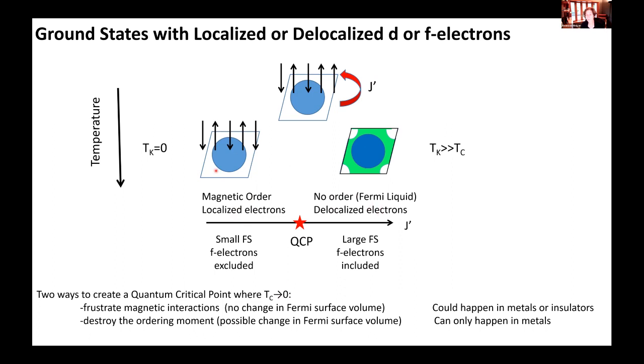And so the difference between these two states is clearly the size of the Fermi surface. And so when you get close to this quantum critical point, you can expect that there are quantum fluctuations between those two configurations that can affect the properties of the material itself. And this is a piece of physics that is unique to metals. You will never see this in insulators because they have no Fermi surface.